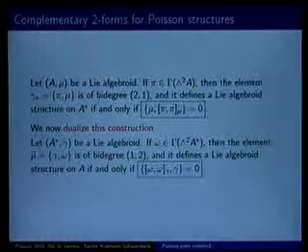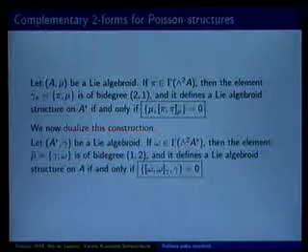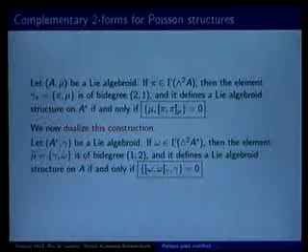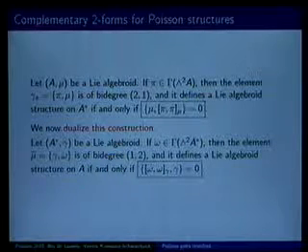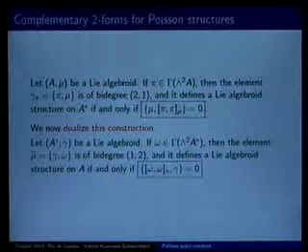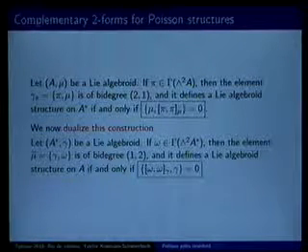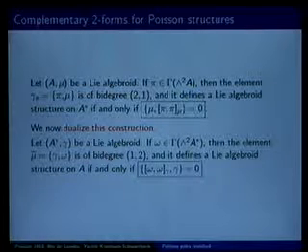So what do we do? We start from a Lie algebroid. We have a bivector, and we construct this co-bracket. And we know that the condition for this co-bracket to be a Lie algebroid structure on A star is this co-cycle condition. But now we can start from A star with some co-bracket gamma and take a bivector on A star.